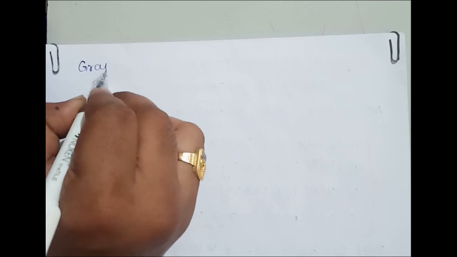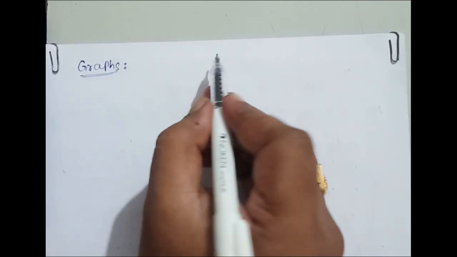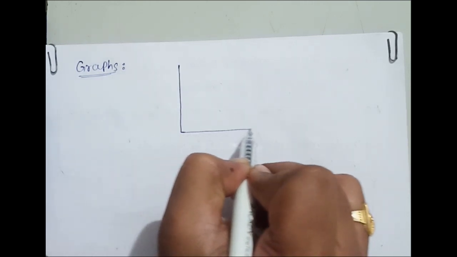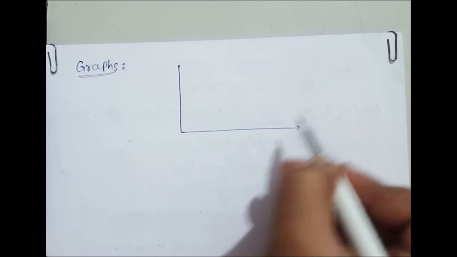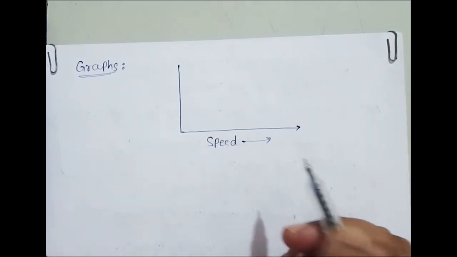So based on the above facts, I am going to draw graphs, 2 graphs actually. Let us study the first graph. On the x-axis I am taking speed, not velocity, because now I am talking about a scalar quantity, so it is speed.